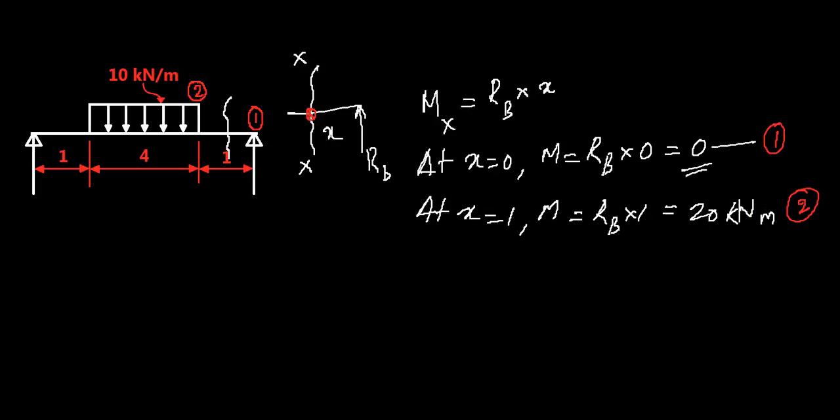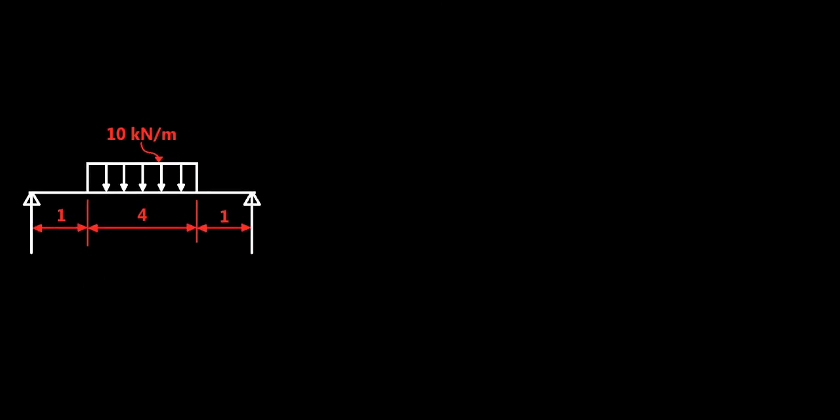Now moving on to the next section, which is in between the uniformly distributed load. So you take the section somewhere in this. So what you have is a reaction at B, section here, this point, and you also have a portion of the UDL.